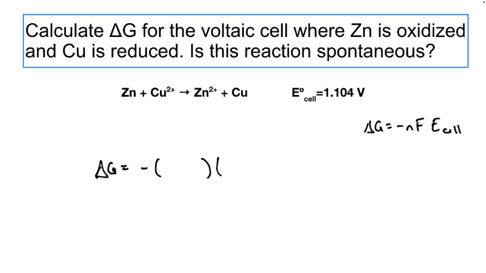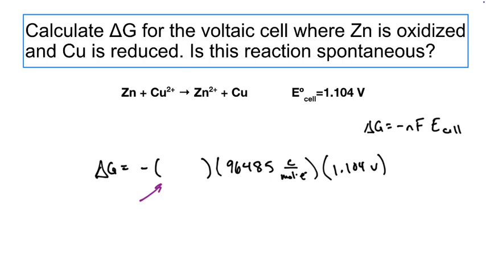What was F? 96,485. What are the units on F? I technically already forgot them. Coulombs per mole of electron. And then our cell potential, which is 1.104 volts.